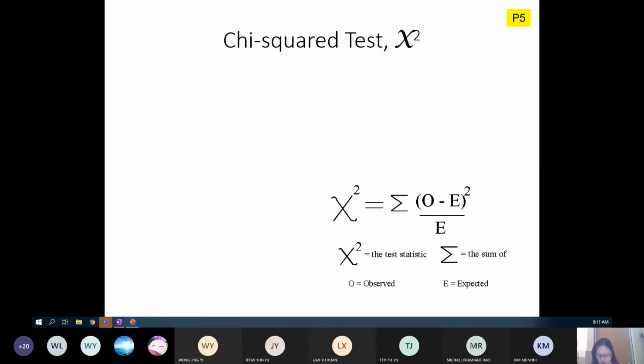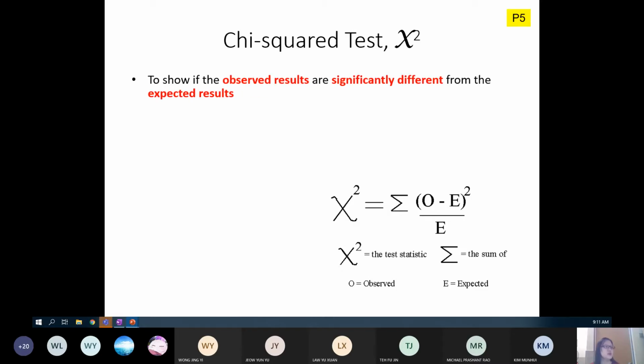So, with that, let's start with the chi-squared test. We know that so far we have 4 statistics tests to learn, one of which is chi-squared, which tests for, again, whether something is significant or not. Specifically, if the observed results are significantly different from the expected.